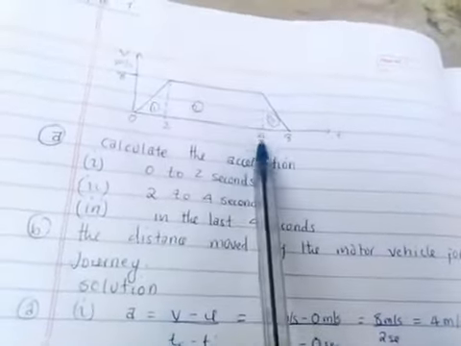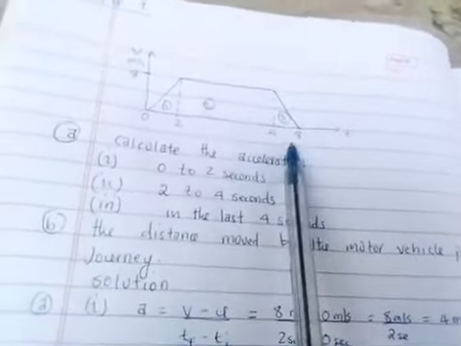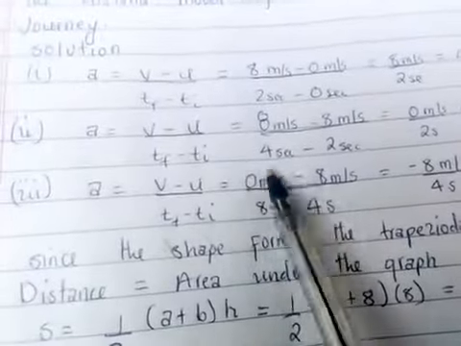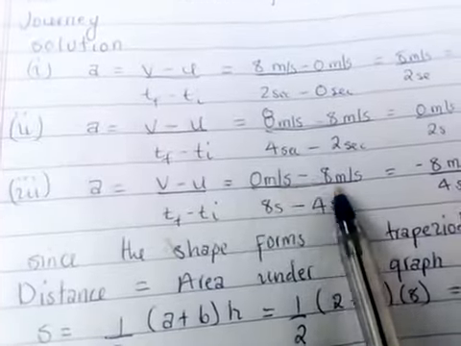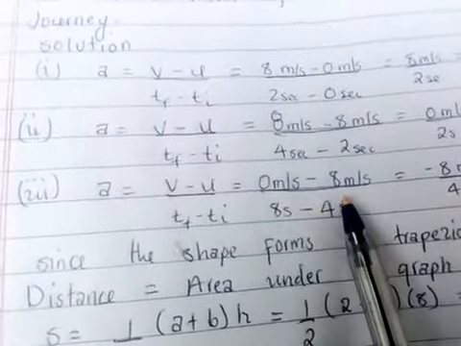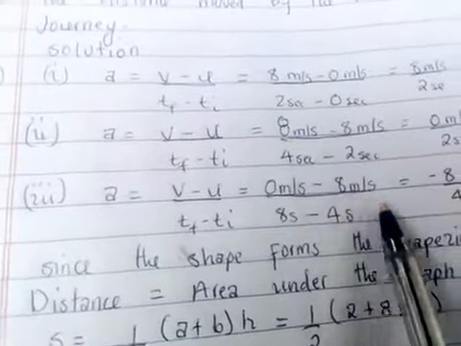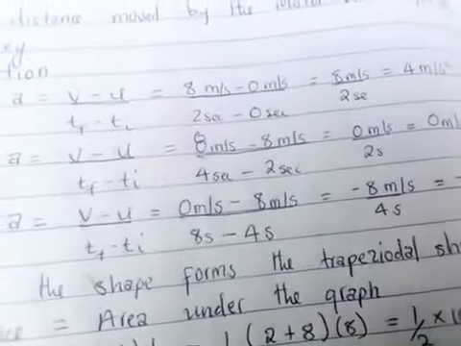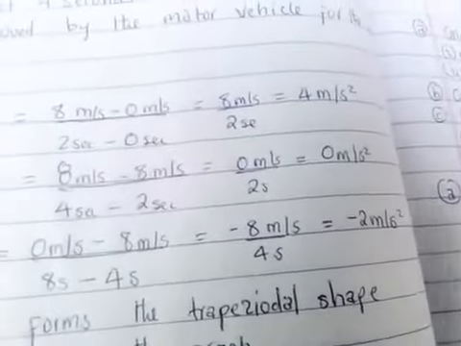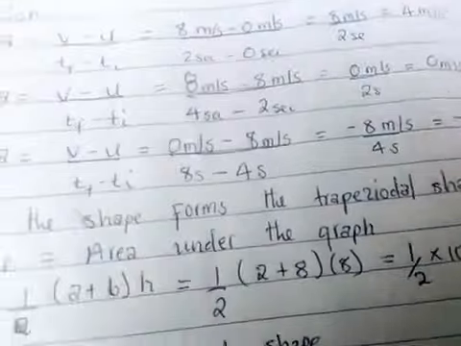So our U is 8, our V is 0. So you just substitute in the values. V is 0, minus U, which is 8, and then the final time 8 minus initial time 4, you get negative 8 over 4, which gives the answer of negative 2 meters per second squared.